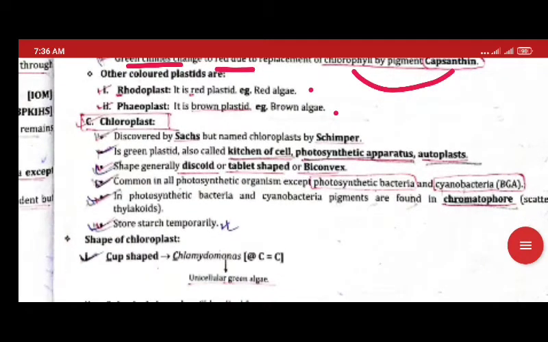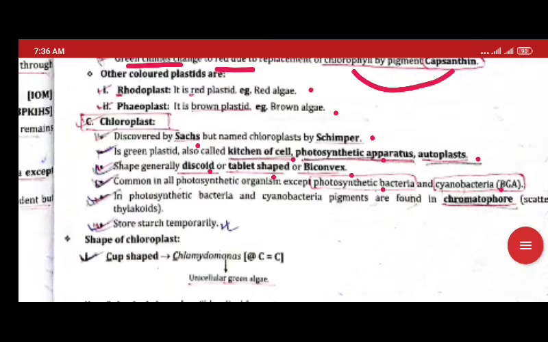Now chloroplast. Chloroplast was first discovered by Sachs and named by Schimper. It is called the kitchen of the plant cell, or photosynthetic apparatus, or autoplast. Its shape is discoid, tablet or biconcave. It is found in all photosynthetic organisms except photosynthetic bacteria and cyanobacteria.